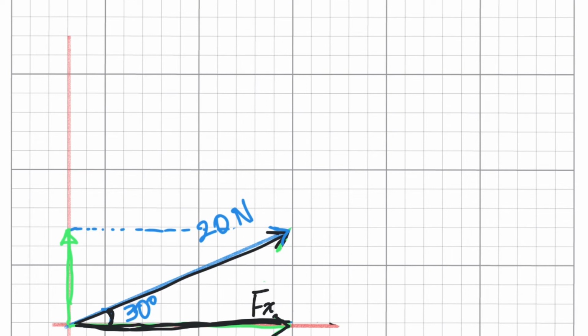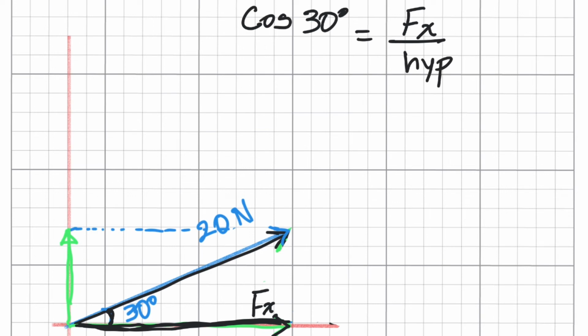So the cosine of 30 is going to be equal to the adjacent side, which we are calling the x component of the force, divided by the hypotenuse, right? We already know that the hypotenuse is 20 newtons.